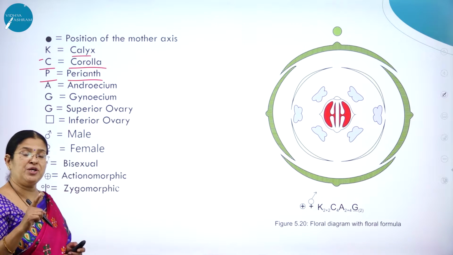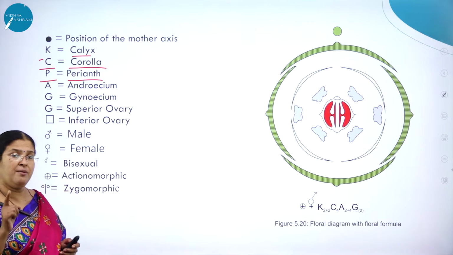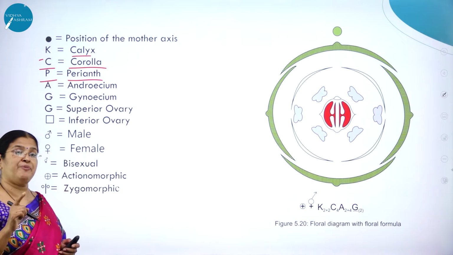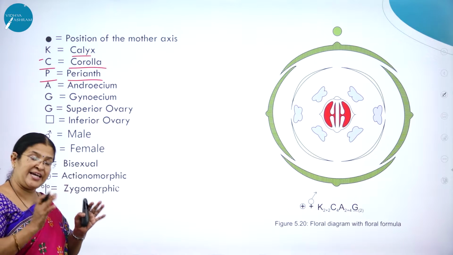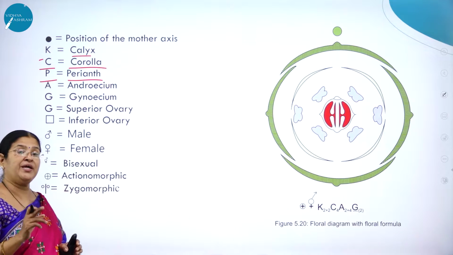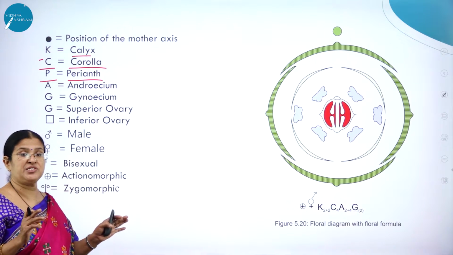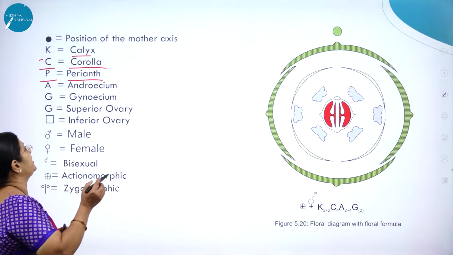When you are not able to distinguish calyx from corolla, we use the word perianth. What are the units of perianth called? Tepals. So when you are not writing K and C, then you will write P, when you are not able to distinguish in a flower the calyx from the corolla.